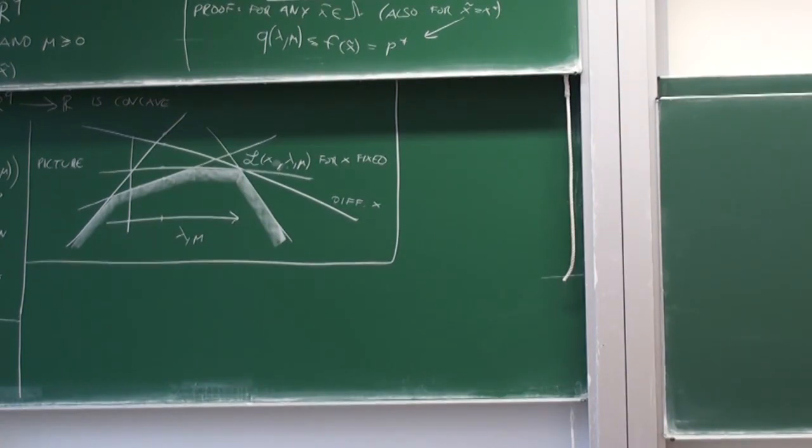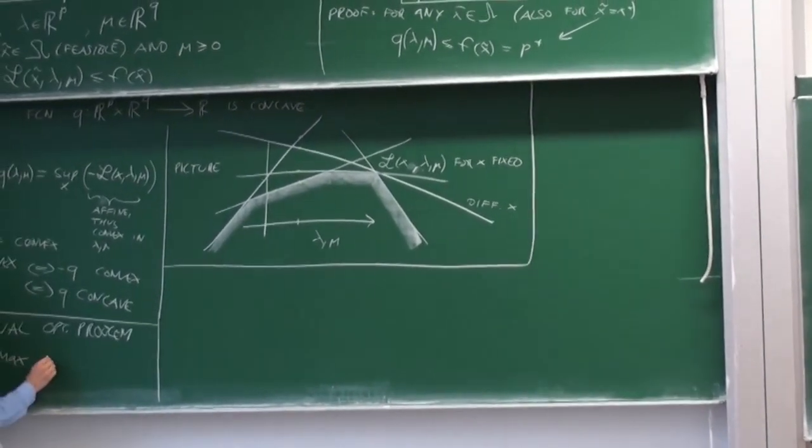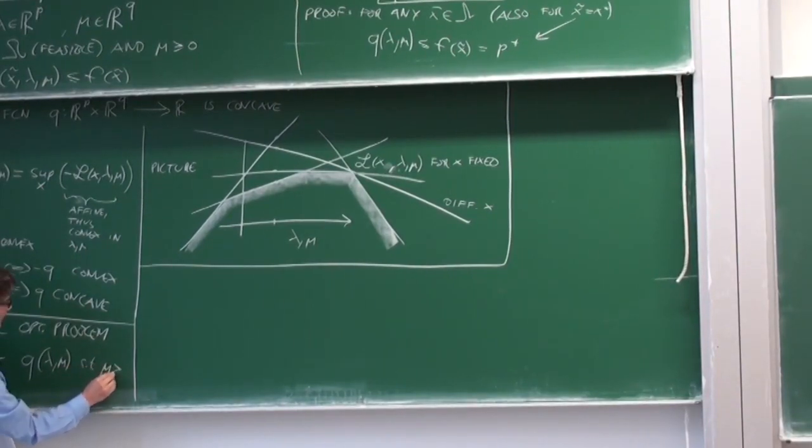The dual optimization problem is just the problem where we say, let's maximize this function q of lambda, mu, subject to the constraint that mu is bigger than 0, where lambda is in our P and mu is in our Q. So this is an optimization problem, and it has an optimal value, and the optimal value I will denote by d star, the dual optimal value, and d star is of course the value of q at, for example, the optimal multipliers if we have them.